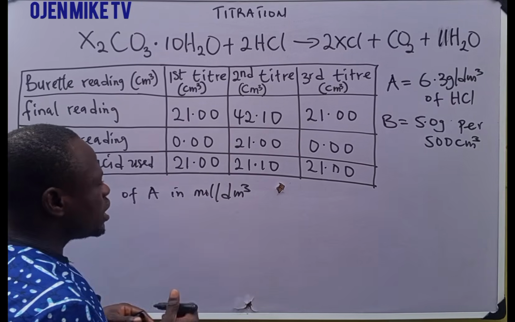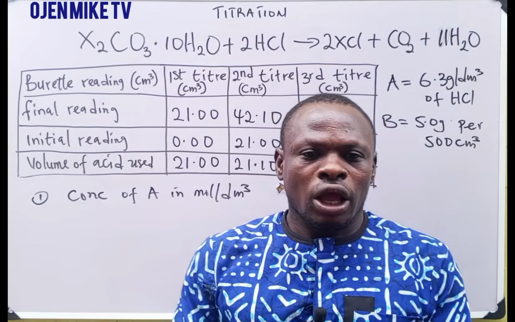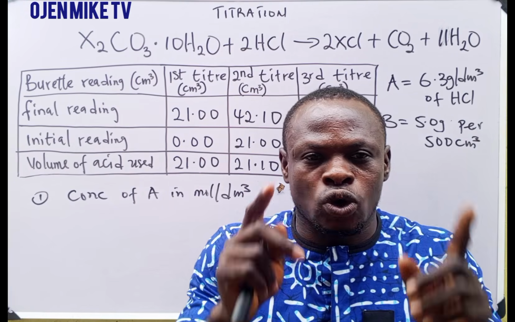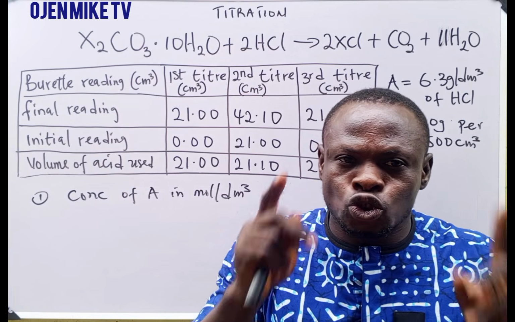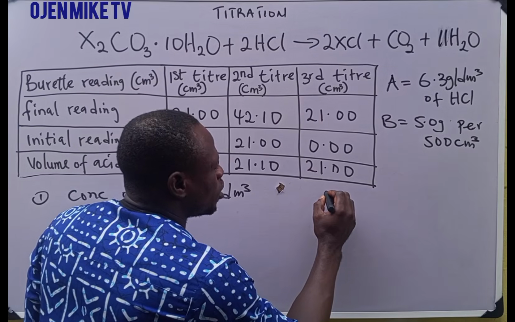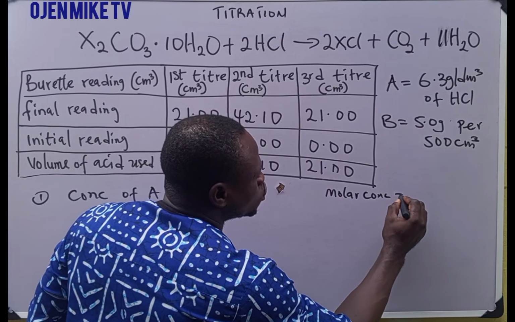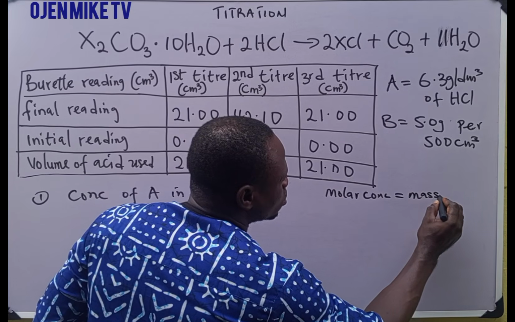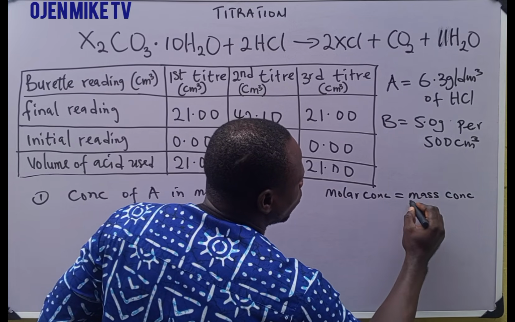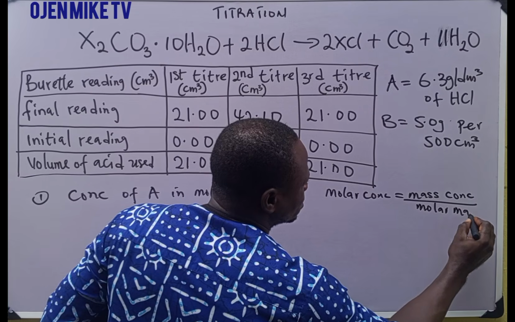Now the first question says: calculate the concentration of A in moles per dm cube. Now when you are calculating concentration, there are two major formulas you can use. One of the formulas is: molar concentration is equal to mass concentration over molar mass.